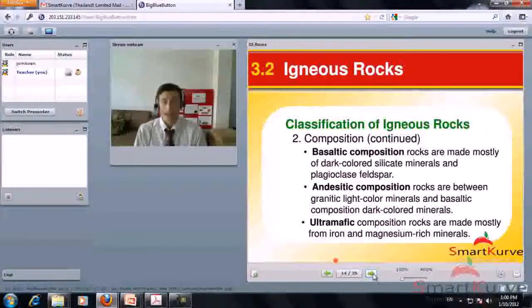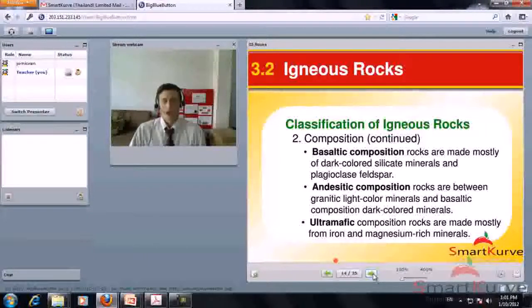These are also silicates, like granite, but they're very dark colored. They also have feldspar, but they have that darker plagioclase feldspar. The next type, andesitic. These are rocks that have a lighter granite color and basaltic composition with dark colored minerals.